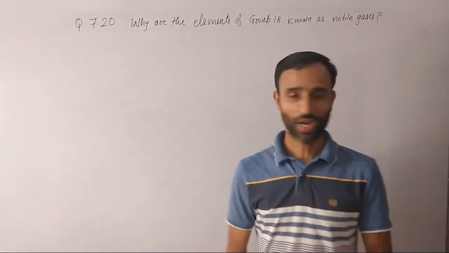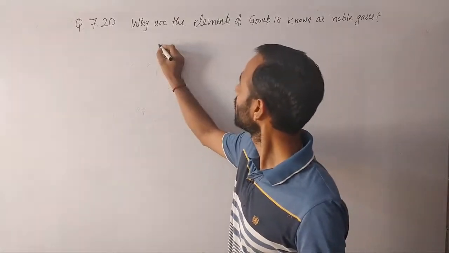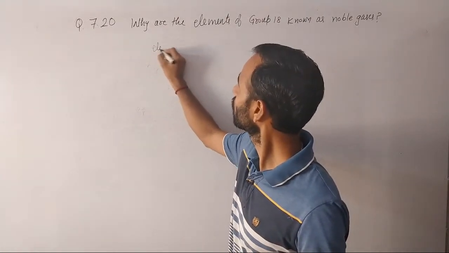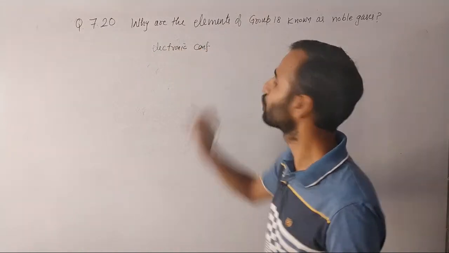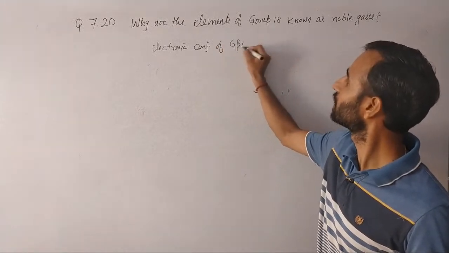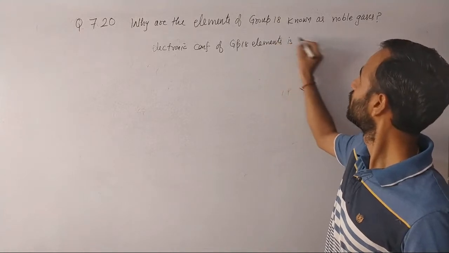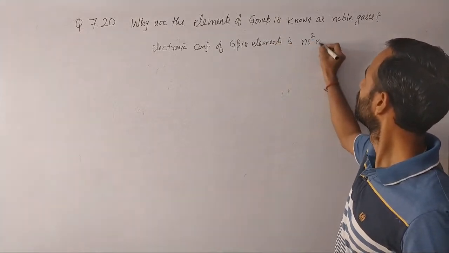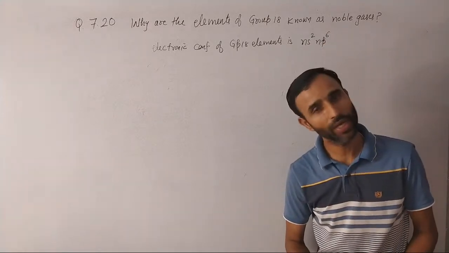So I have already told you about group 18 elements. First of all, write the electronic configuration. The electronic configuration of group 18 elements is ns2 np6.